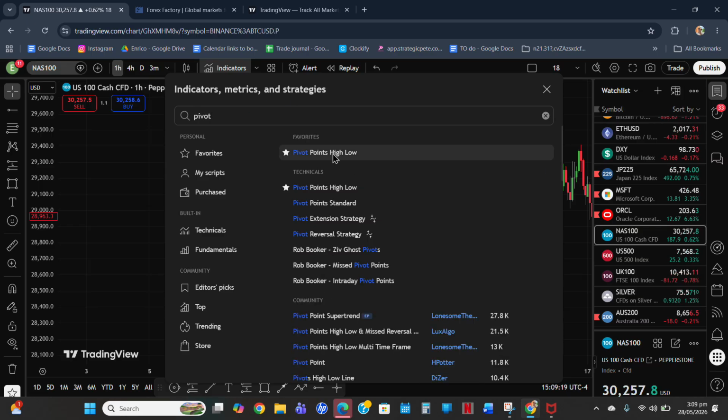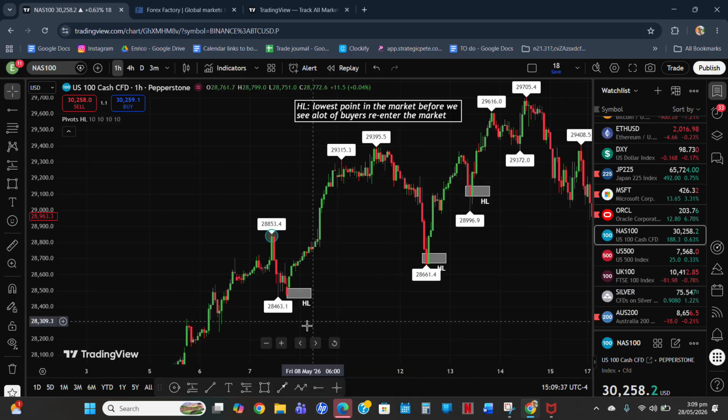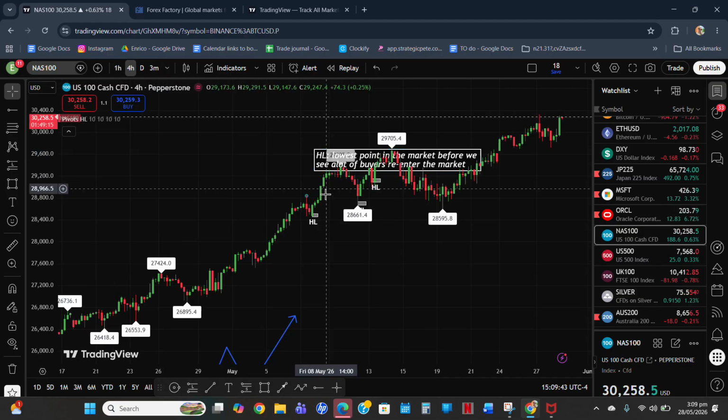It's going to be Pivot Points High Low. You're going to type in that indicator and you're going to press the star to favorite it or to save it. And then you're going to simply tap it. Once you tap it, it's going to show you all your higher highs and higher lows, right? So let's say we change the time frame or the refresh.